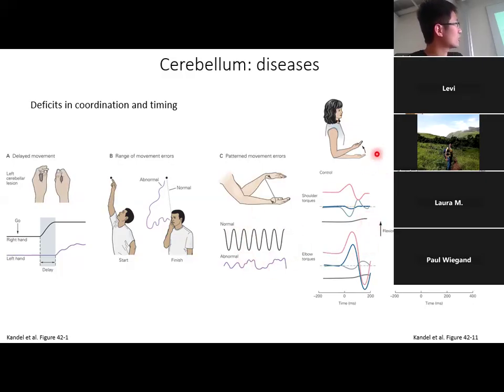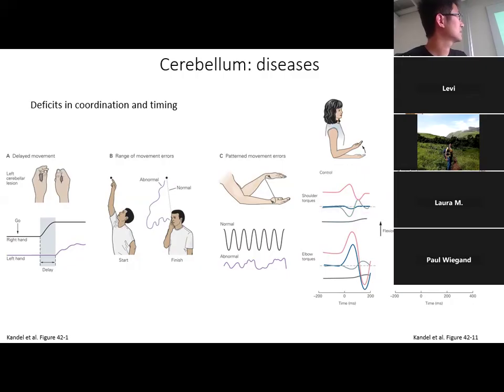Here, this is called interaction torque, because if you want to lift your elbow, but without moving your shoulder, this movement will cause interaction torque on your shoulder. So you have to somehow compensate for the interaction torque from the elbow. And here in the control, which is the normal participant, you see this blue is the net torque, which is kind of zero, so even though you have interaction torque, it is compensated by the control participant.